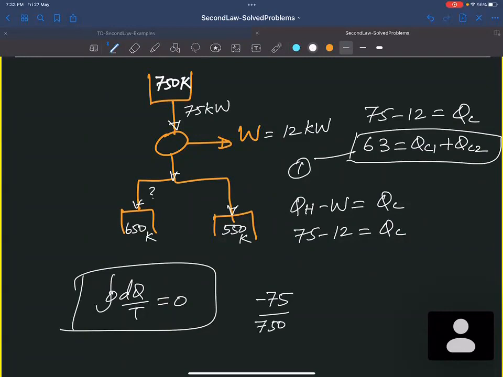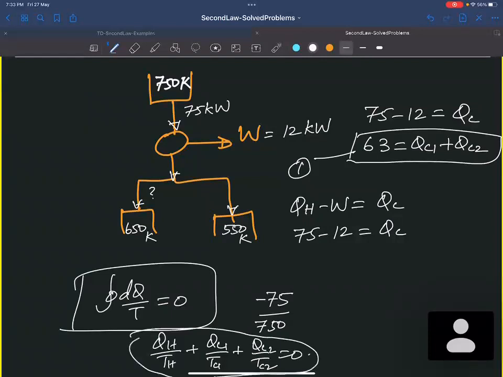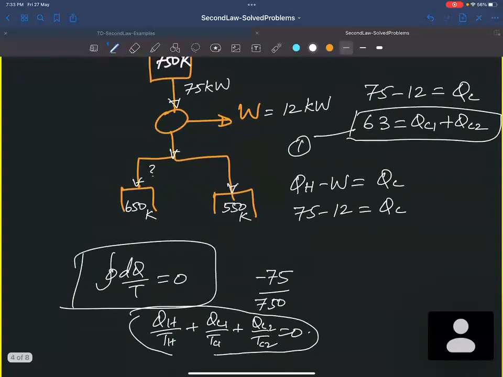So the integral of dQ by T is simply equal to QH by TH plus QC1 by TC1 plus QC2 by TC2, that is equal to 0, but with proper sign. You have to use the proper sign.